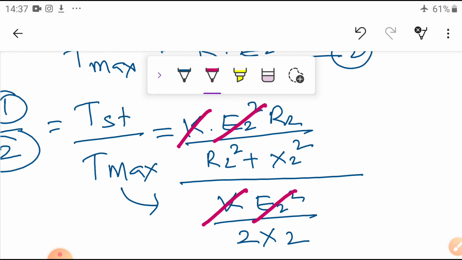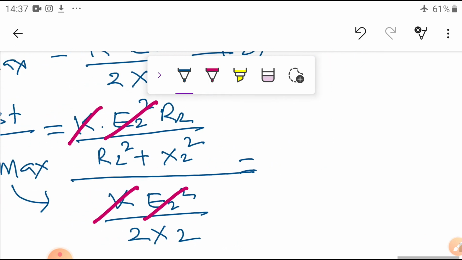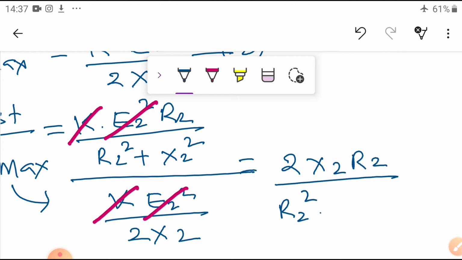Simplify this and that will come to 2 into X2 into R2 by R2 whole square plus X2 whole square. So this is the equation.